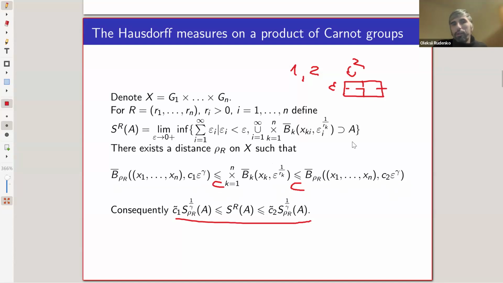We can always find such a distance, because we can define it as a sum of some powers of the different distances in different coordinates g_k. So, for example, it can look like this: a sum over k, and we just need C large enough so that this will be a distance. I think this should work.